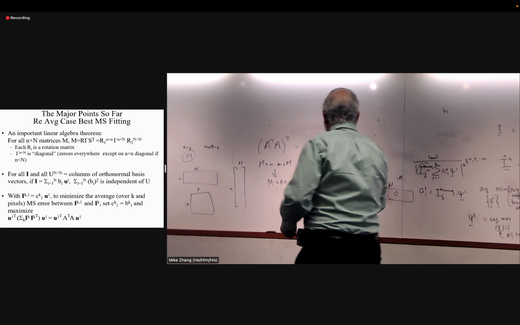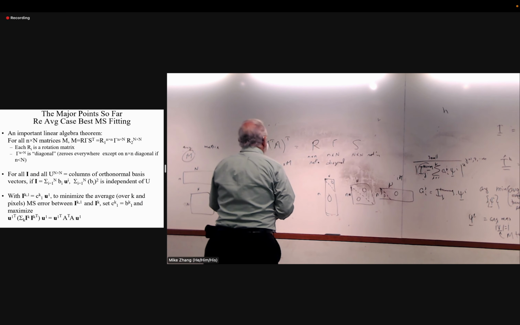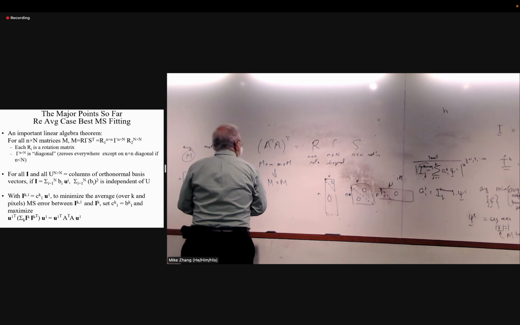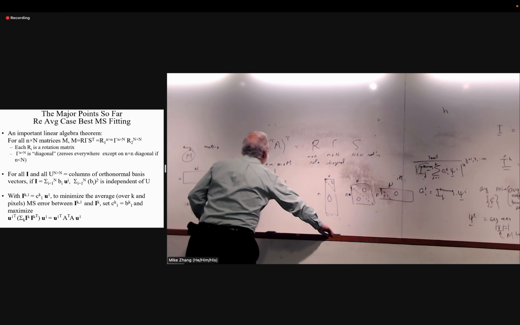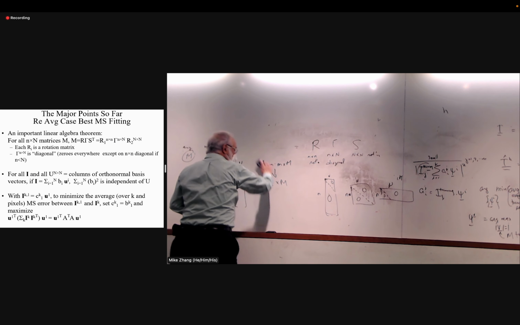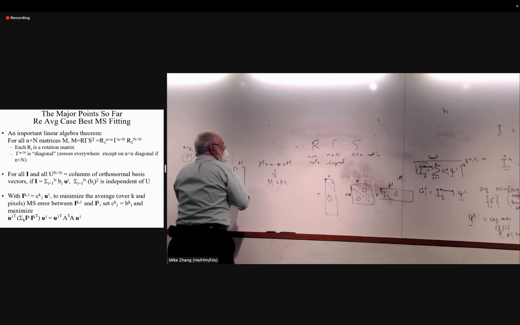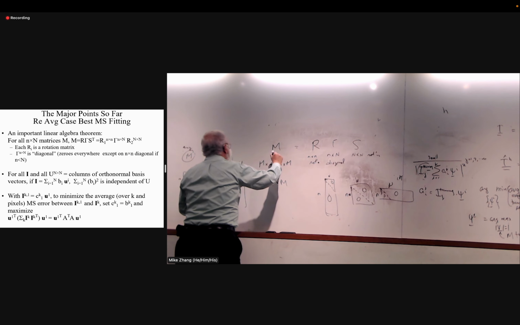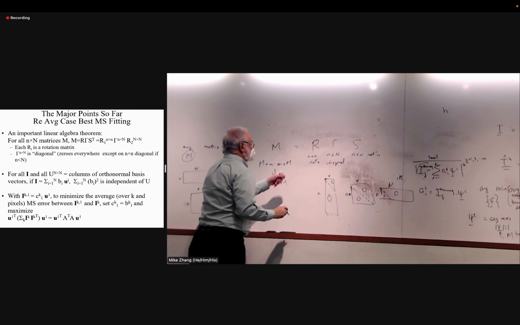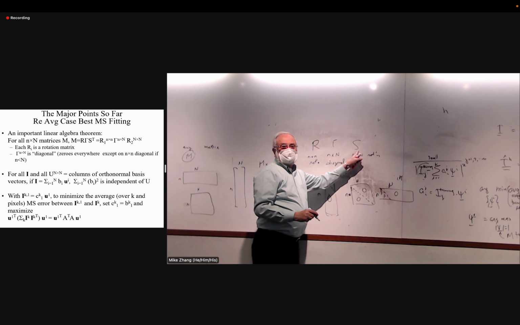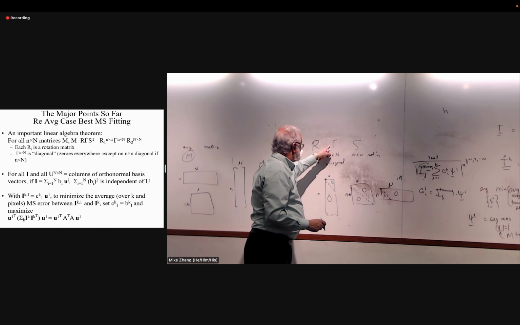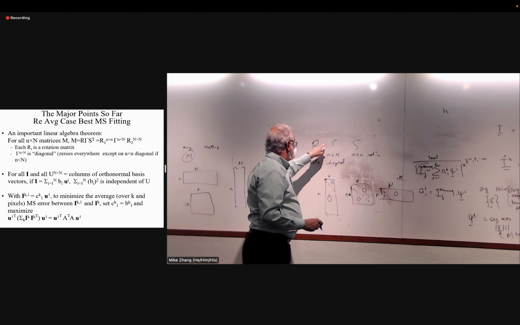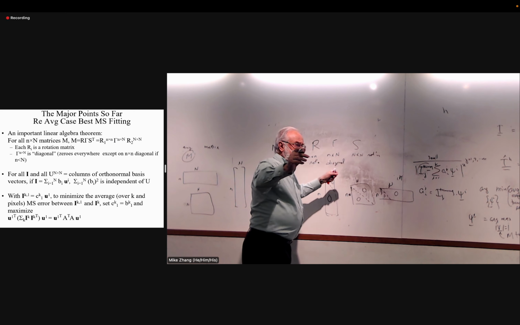So this so far is going to say that any matrix capital M can be written as a rotation of the coordinate system in the input space, a collapse of the space possibly, and stretching or contracting.